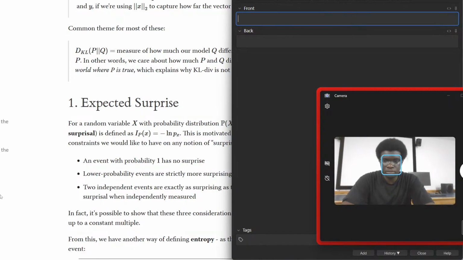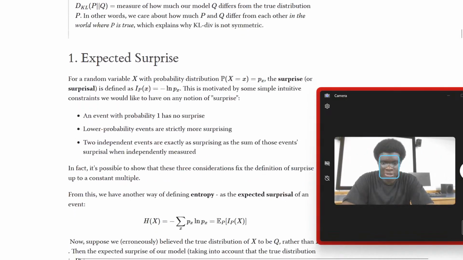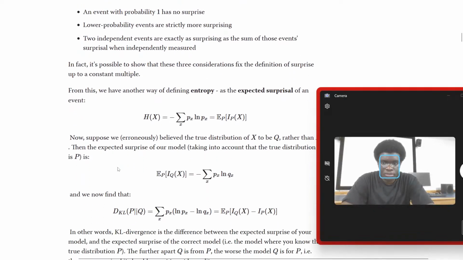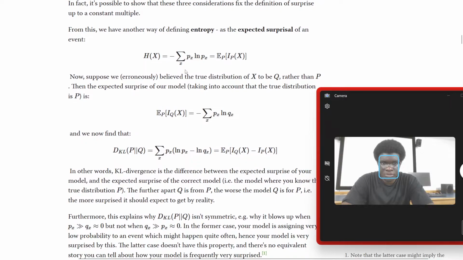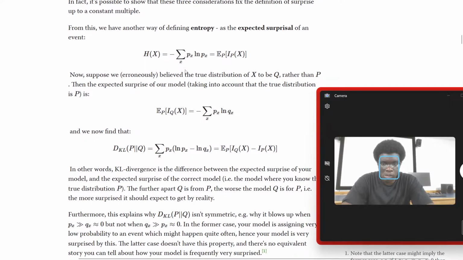Okay. So this is a little bit of a failure, but whatever. We can define entropy as the expected surprisal, which, yes, I mentioned before. Yes, that follows from this.